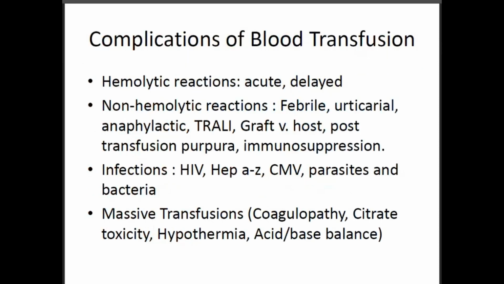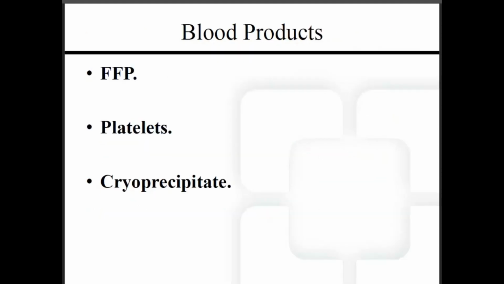So what are the complications of blood transfusion? Be aware of this. Hemolytic reactions are very important, acute versus delayed, non-hemolytic febrile, urticaria, anaphylactic, TRALI, infections like HIV, etc., and massive transfusions with coagulopathy, citrate toxicity, hypothermia, and acid-base balance.